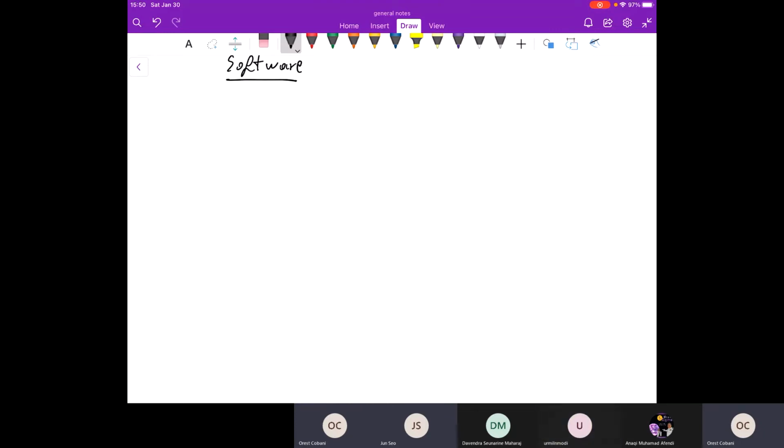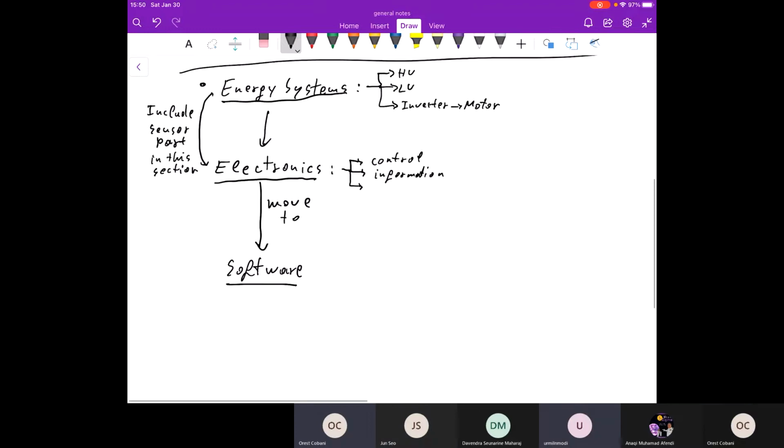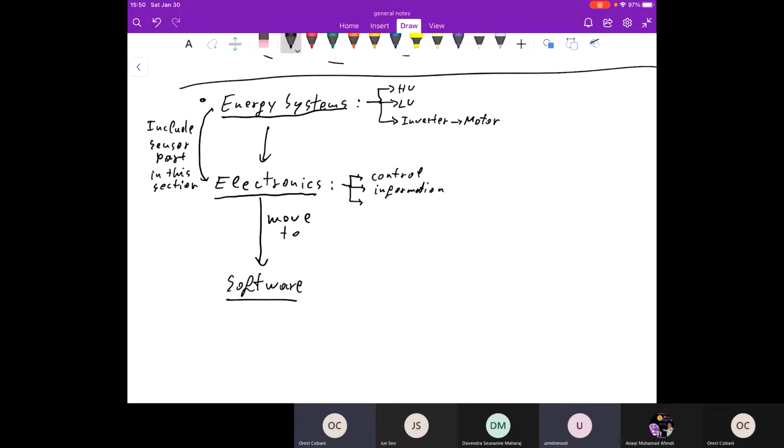Okay, energy systems. You start reading and you get the idea that this is how all electrical systems work on this pod. This is how it's supposed to work. You read energy and you get the idea, okay, this is how power is going to be delivered. They talked about high voltage stuff, then the inverter itself, and then the low voltage.